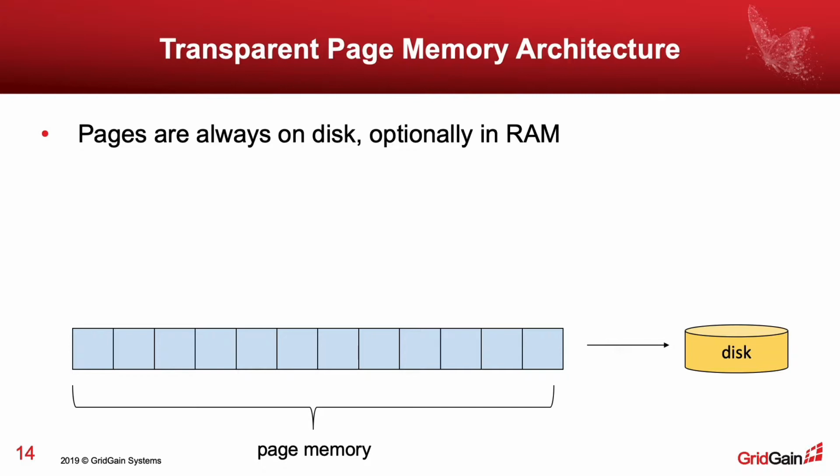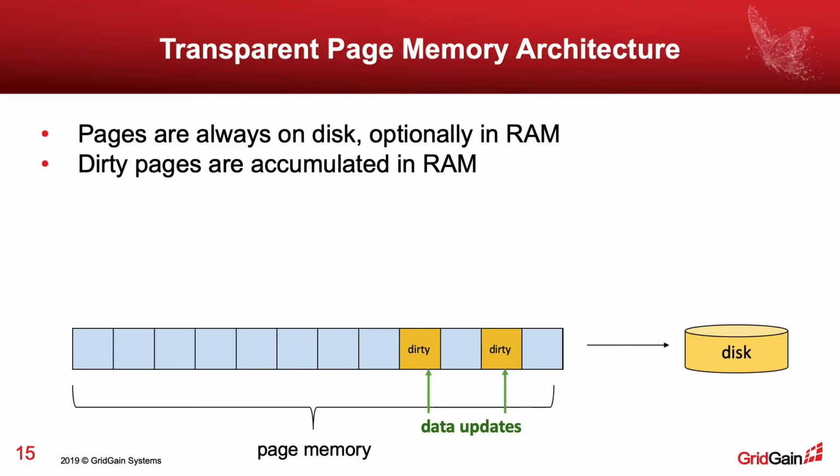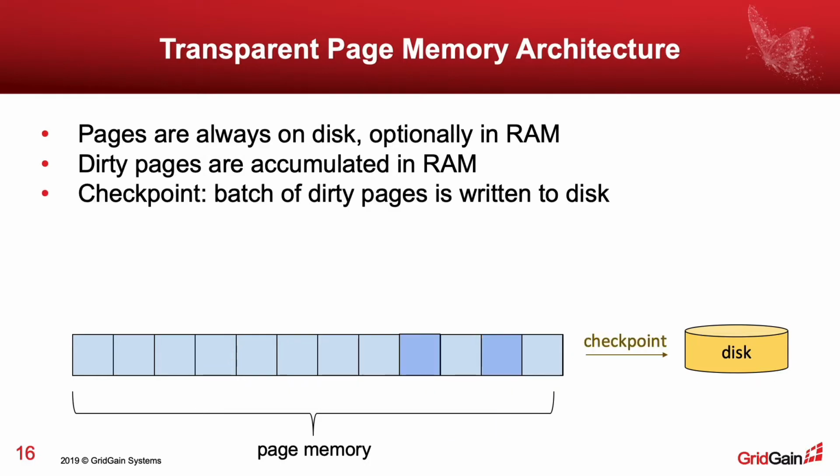and only optionally present in RAM. When you update your data, pages accumulate the new state of your structures and get dirty. A dirty page is a page that has new updates and is not yet synchronized with disk. Such dirty pages are accumulated in RAM.